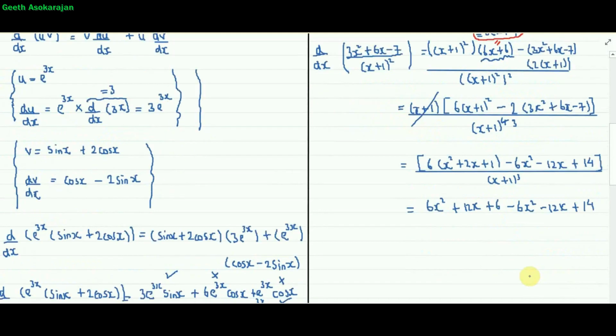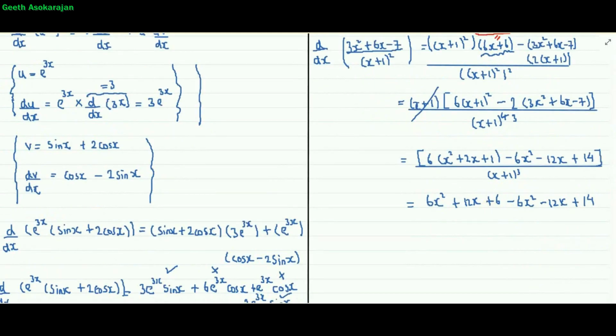Let me scroll down below. So that is all divided by, so let me use this line feature again, the x plus 1 cubed below. And as a result of getting rid of these brackets, I can cancel the 6x squared term with the minus 6x squared term, as well as the plus 12x with the minus 12x.